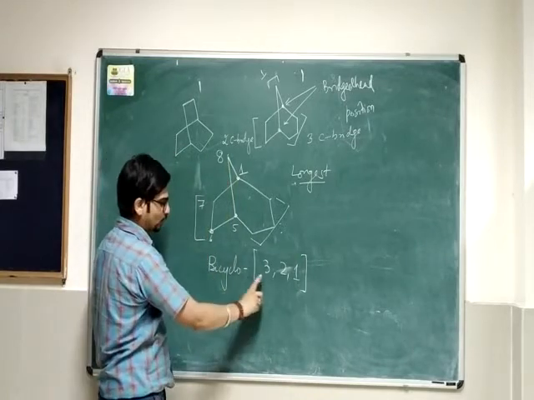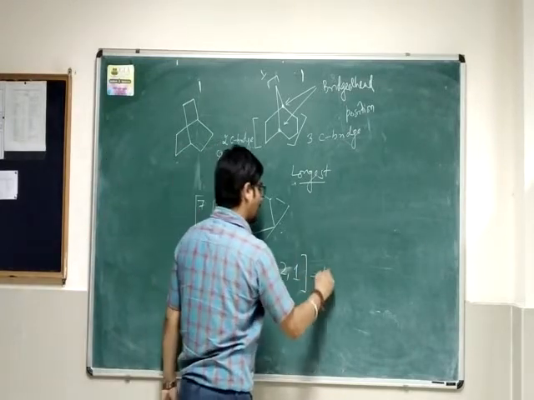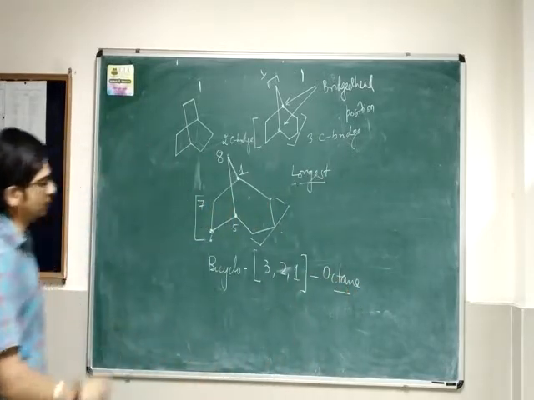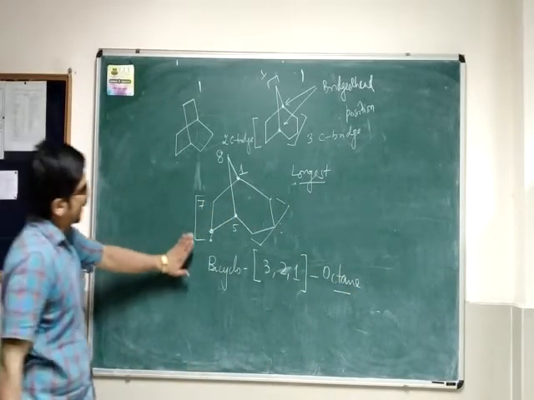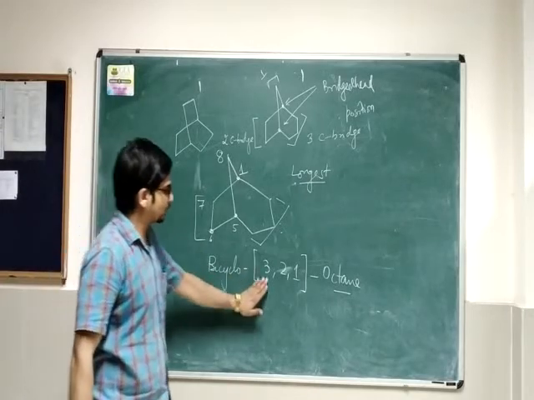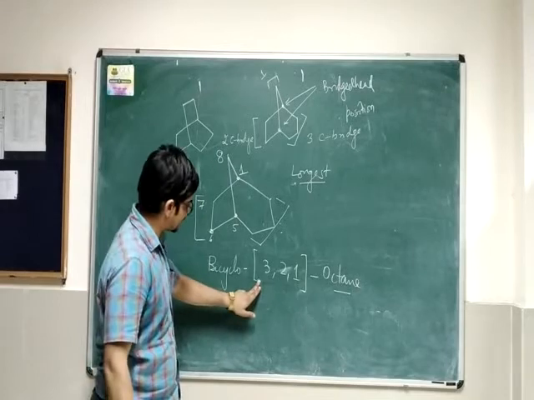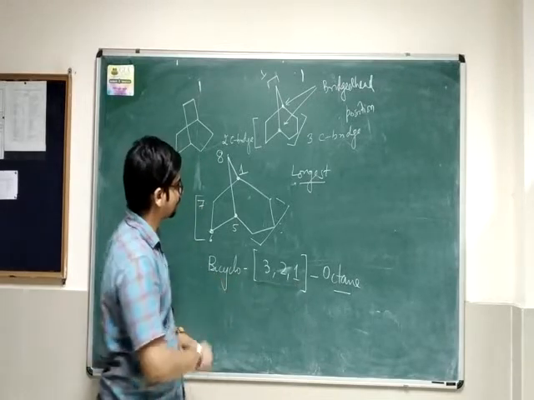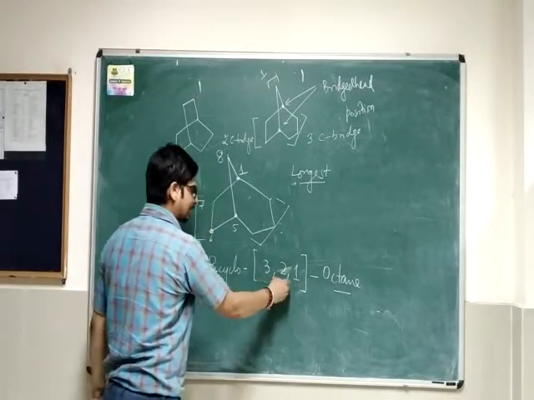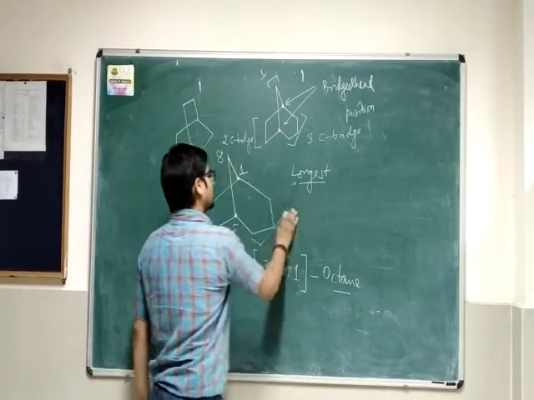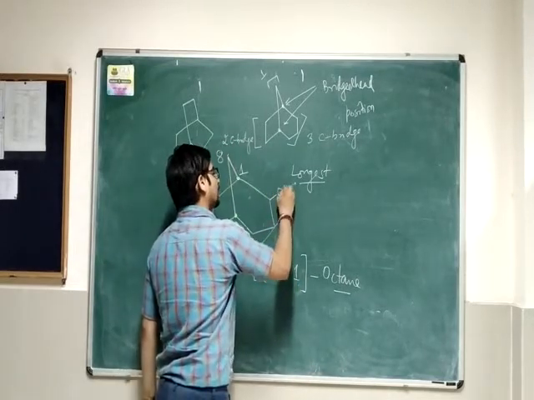So bicyclo 3,2,1 octane, as we have a total of 8 carbons in this molecule. So the name of this compound is bicyclo 3,2,1 octane. And this numbering is given in decreasing order, highest first, then least.